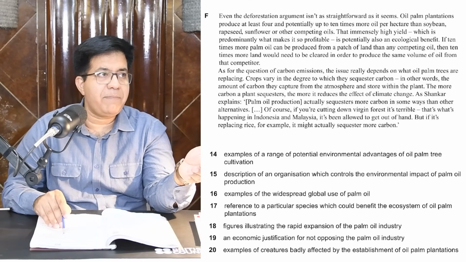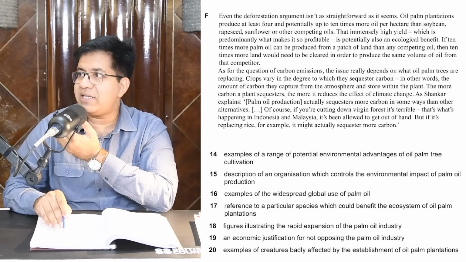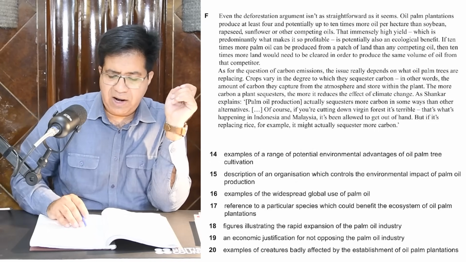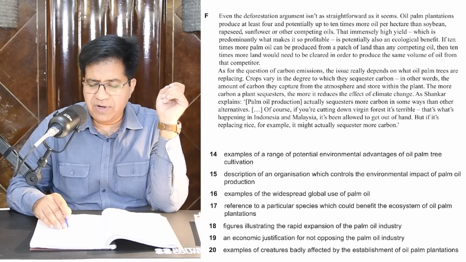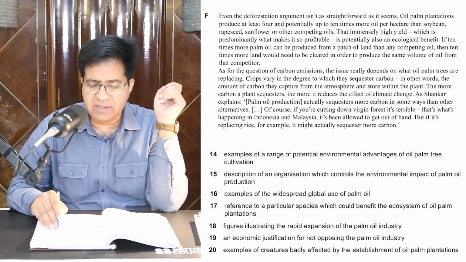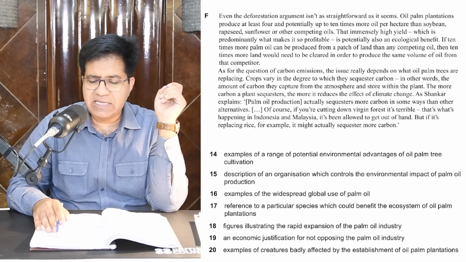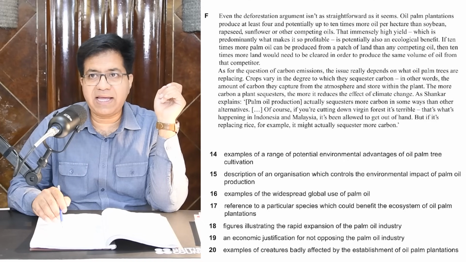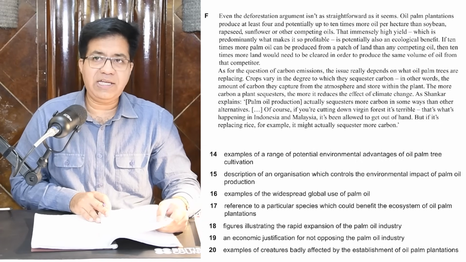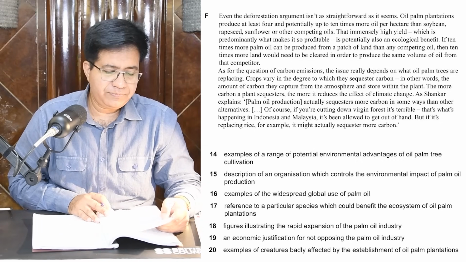This is the month of November and still our ACs and fans are on. So they say the more carbon a plant sequesters, the more it reduces the effects of climate change. This is another benefit. One is ecological benefit and second is this one. So correct answer for question number 14 is F.